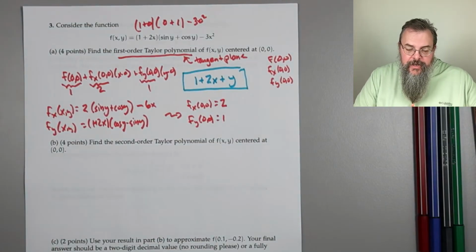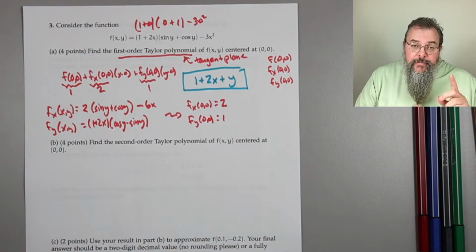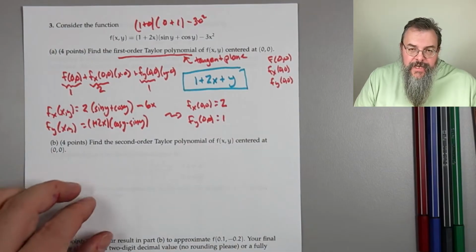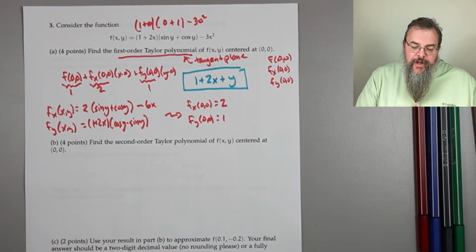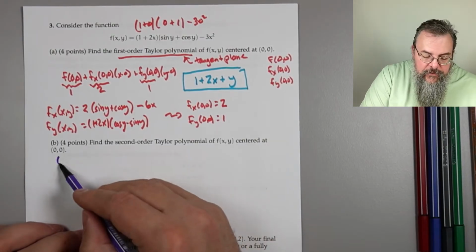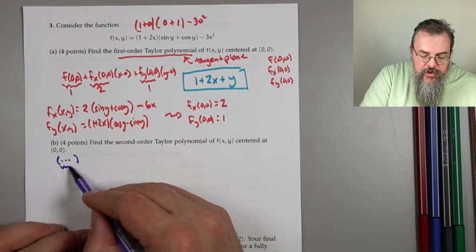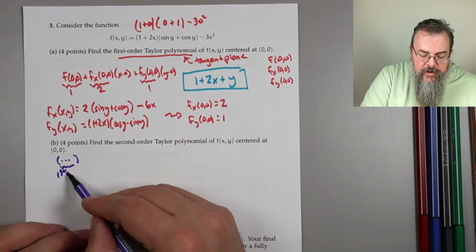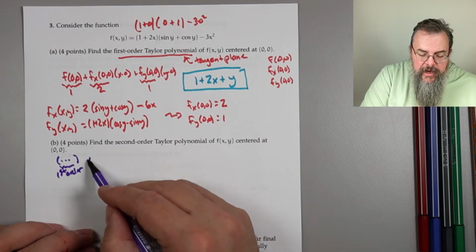All right, great, good. Now that's part A. Part B, second order Taylor polynomial. Okay, so what's going to happen for second order Taylor polynomial, you're going to have the first order terms, which we already have, but then you're going to add some new terms.